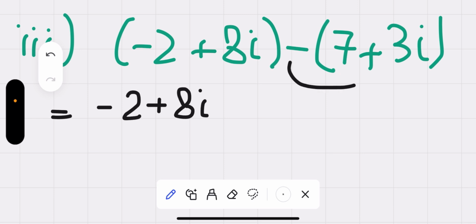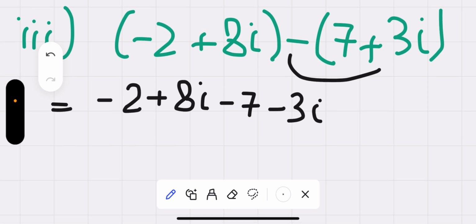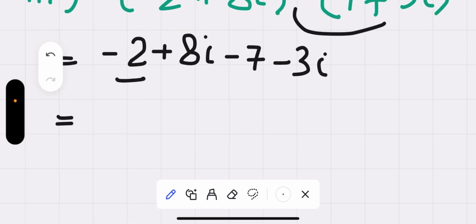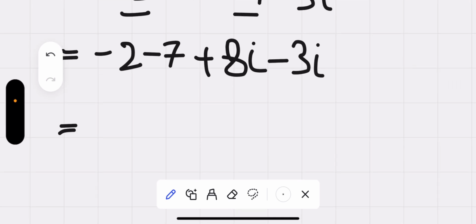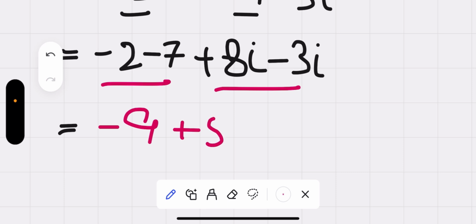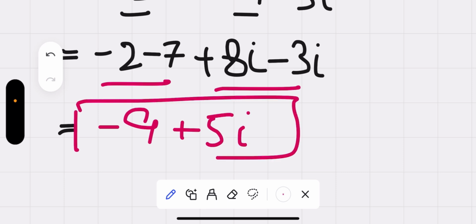This minus sign will change all the signs of the terms inside the bracket, so negative 7 and negative 3 iota. So real part we shall write with real part, negative 2, negative 7, and imaginary part positive 8 iota with negative 3 iota.